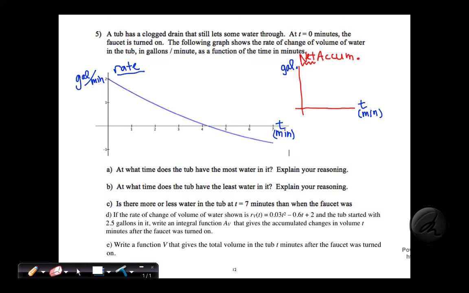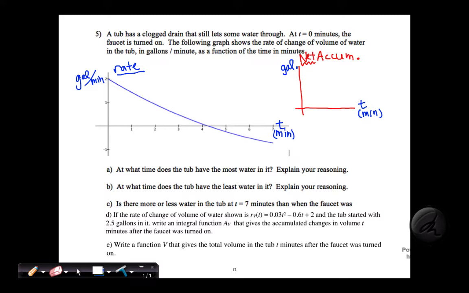Meaning, is the tub getting fuller or less full? Fuller, right. This is the rate, so again, reading carefully, it shows the rate of change of the volume of the water in the tub. And it's a positive rate, so I have a volume that has a positive 2 gallons per minute near time zero.